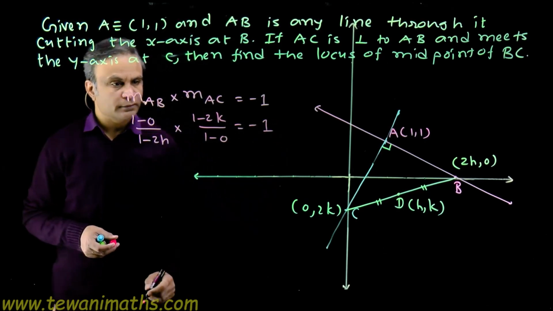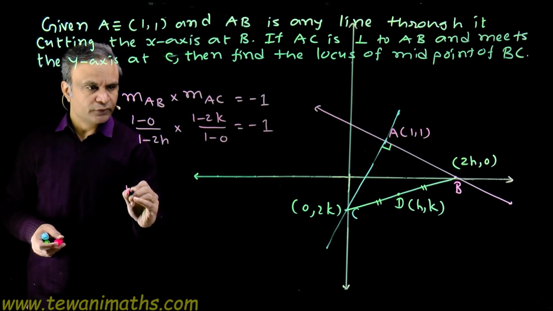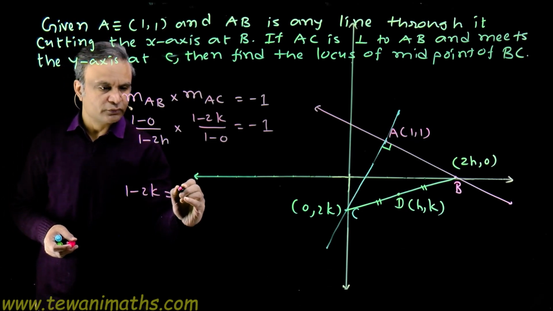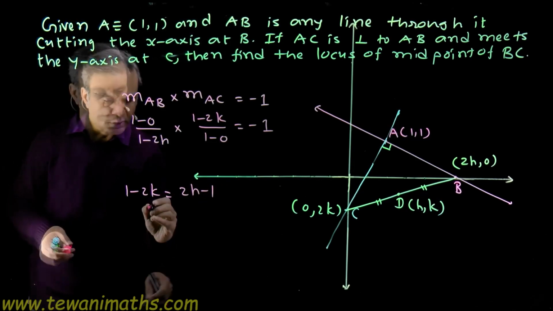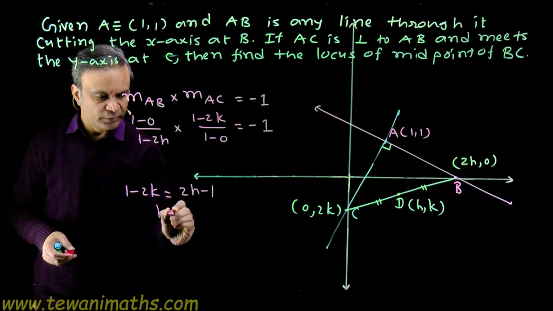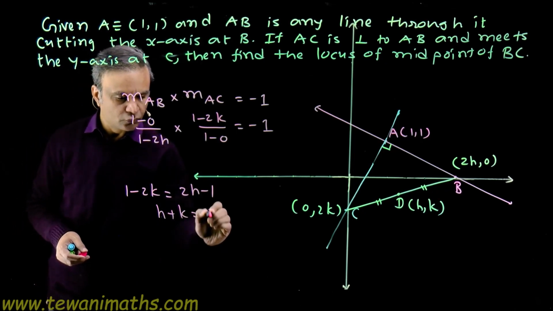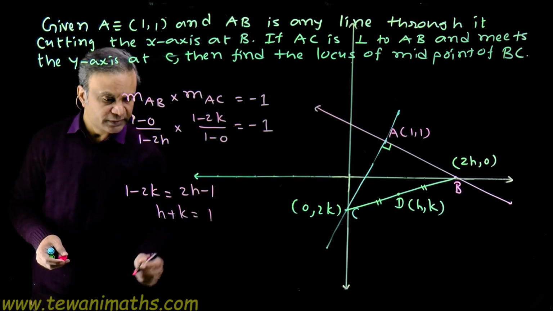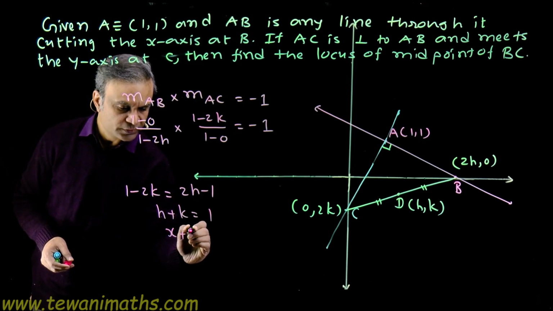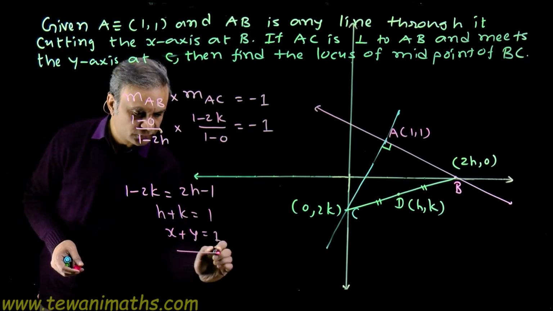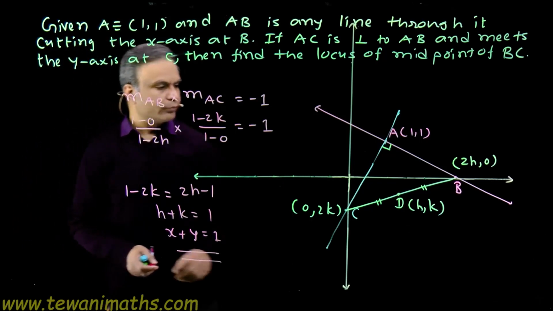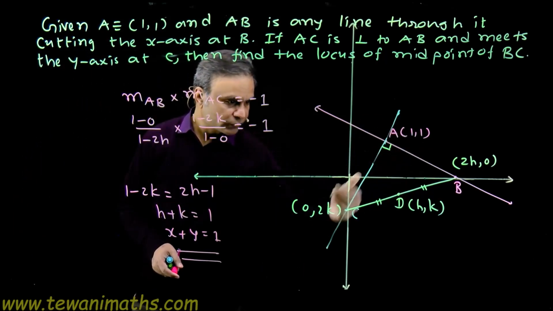This product is -1. From this we get 1 minus 2k is equal to 2h minus 1, or h plus k is equal to 1. Replace h by x, k by y. We get the locus as x plus y is equal to 1. So this is the locus of the midpoint of BC. ठीक है ना?